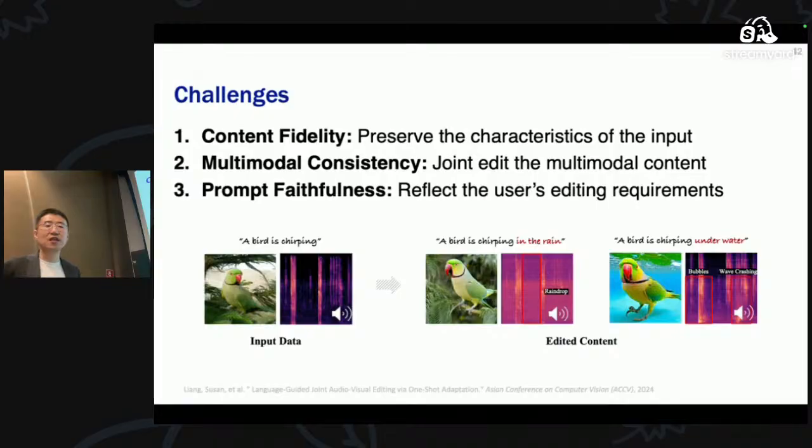Multimodal consistency: after this edited audio and vision, this is the same bird having the same kind of sound. Also, we wanted to reflect the user's editing requirements. So even for a stupid request, we wanted to generate an example that matches that. Okay.